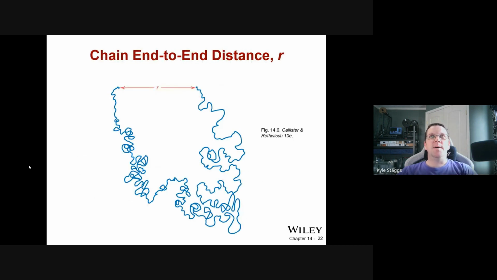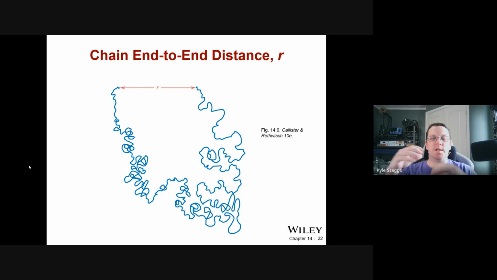So another factor that is also used in a couple things is the chain end-to-end distance. Depending on how it's used, what that does is it tells you some information about how much the coiled polymer has to sort of stay away from itself in order to exist in a semi-stable state.